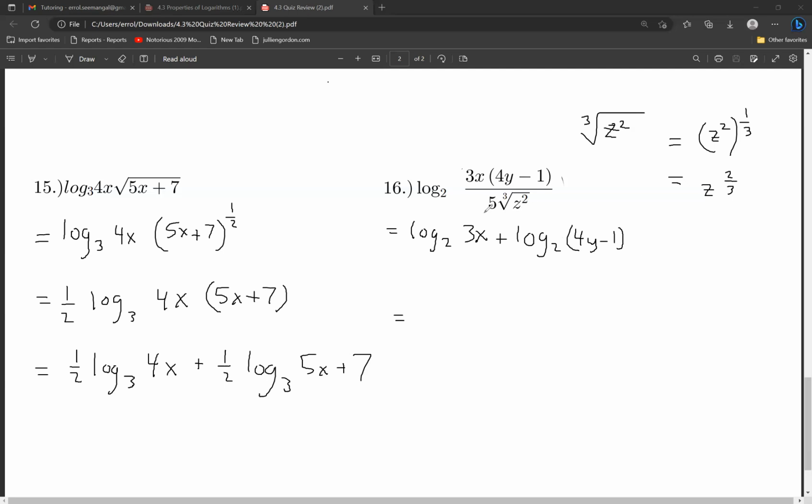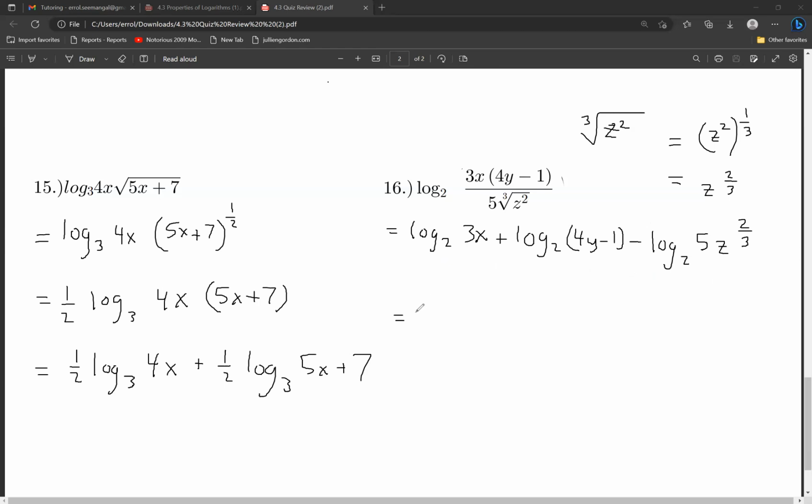Like you said a minute ago, this one would be minus log 2, and this is 5z to the 2/3, right? Now can we simplify that? This one we can't simplify, this one we can't simplify, this one we can simplify. Just bring the 2/3 into the front. That's all.